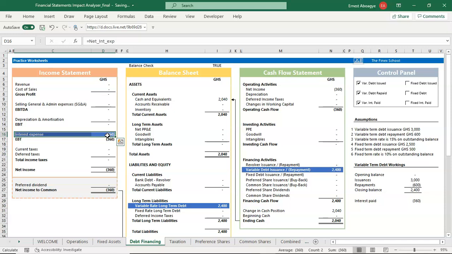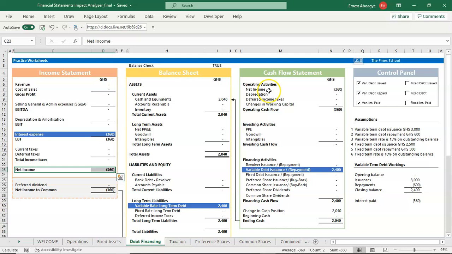So that becomes that. But then our balance will still be 2,400 we have to settle, and that's showing in our liability here. And once we have received 3,000, paid off 600, we have cash in our hands of 2,400, and then also we have paid 360 out as interest expense.